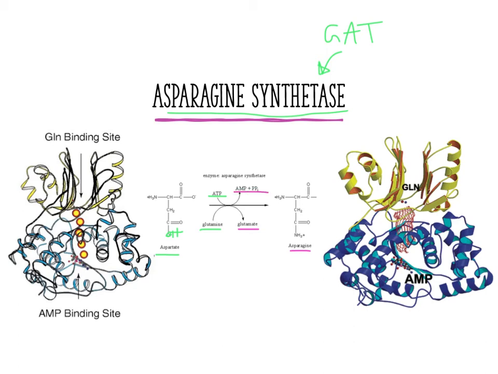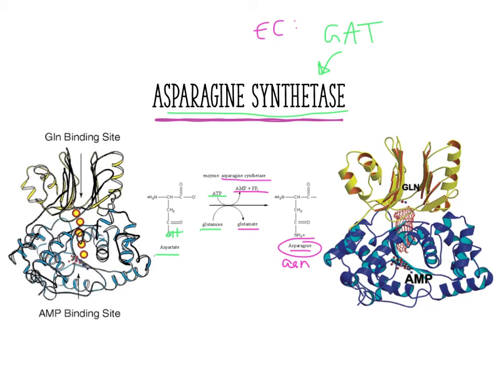So again, the enzyme that catalyzes this reaction, so we make ASN, is called asparagine synthetase. It's in the EC class, the enzyme class of GATs. And I found a couple diagrams to show this tunnel.